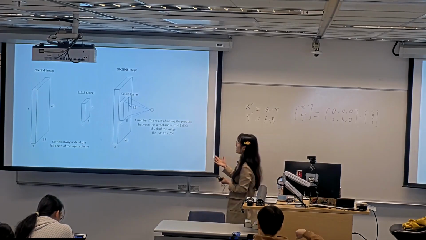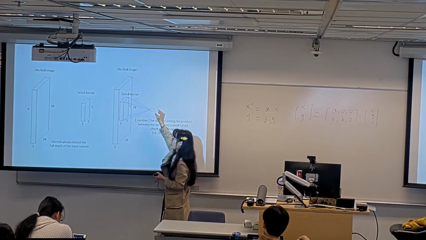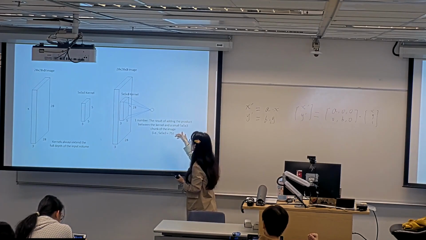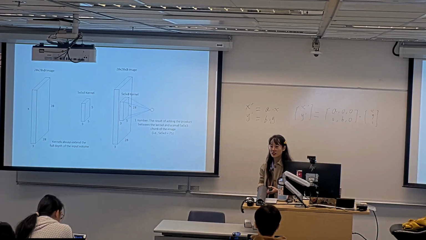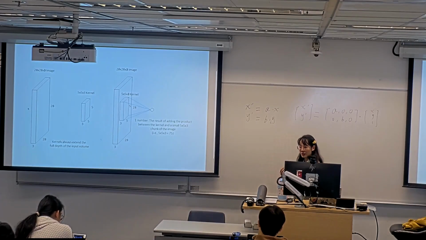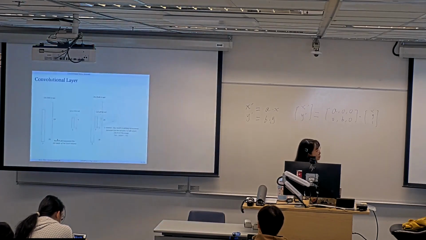So for any single number here, we do 75 multiplications, and then add these 75 products together to get just one number. And then why do we say that kernels always extend the full depth of the input volume?